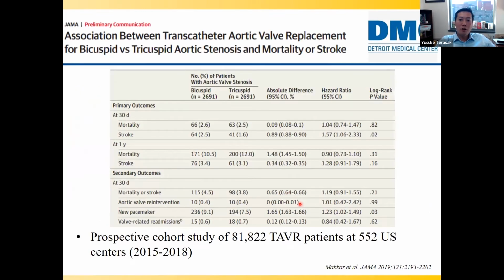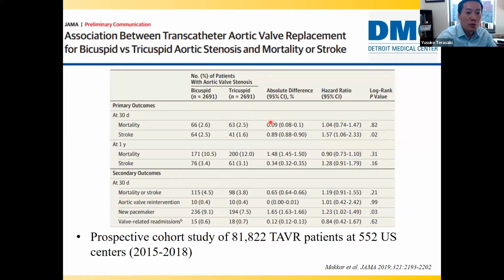And these concerns are corroborated by data. This is a study that came out of Cedars-Sinai that looked at all the TAVRs performed over a 4-year time period between 2015 and 2018 in the US.